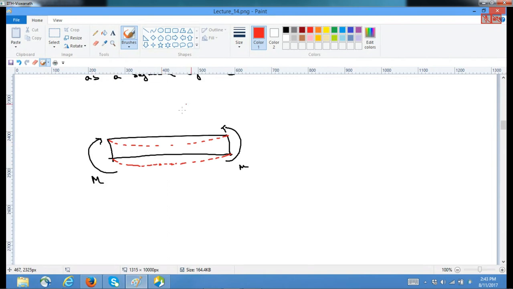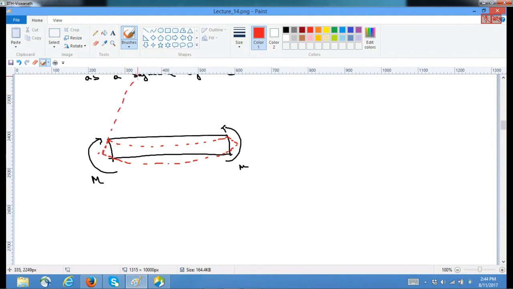This bends as, actually I should not have drawn it like this. Let me redraw it. It bends something like this. So it bends as an arc of a segment.